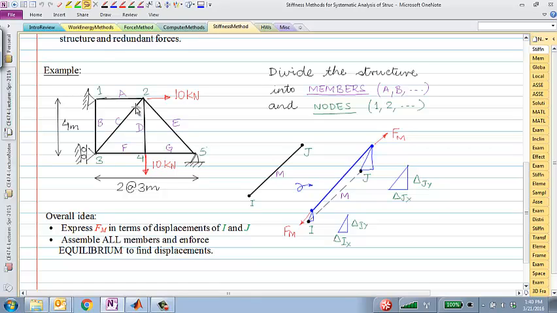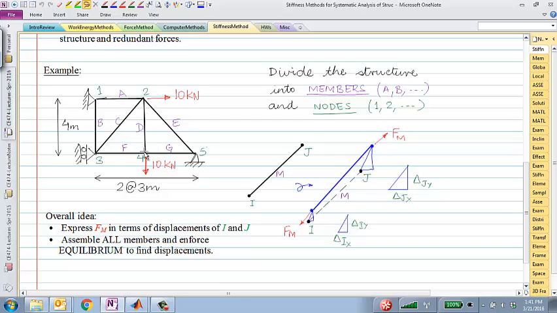Okay, so that's what I mean by force displacement relationships. If you tell me what is delta x, what is delta y at node I, and what is delta x, delta y at node j, then I can tell you what is the force in the member. Does that make sense? If I have a truss member connected to two nodes I and j, and I'm moving node I by some amount in the x, some amount in the y, same thing for j, then I know what the final configuration of that member is. I know how much it has extended, right?